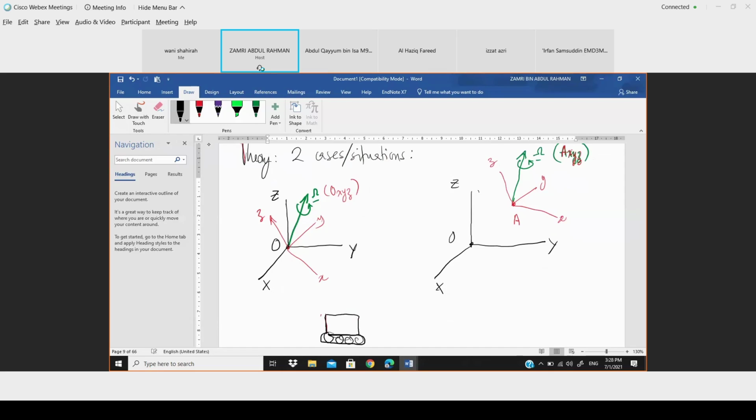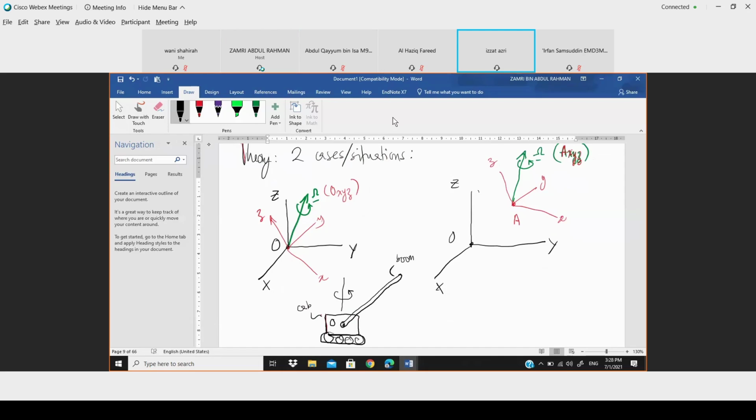Okay, let's say the center of the crane is point O, and we have the boom of the crane which is also centered at point O. So, we can show the motion of the cab, as we usually call this one, and this is the boom.